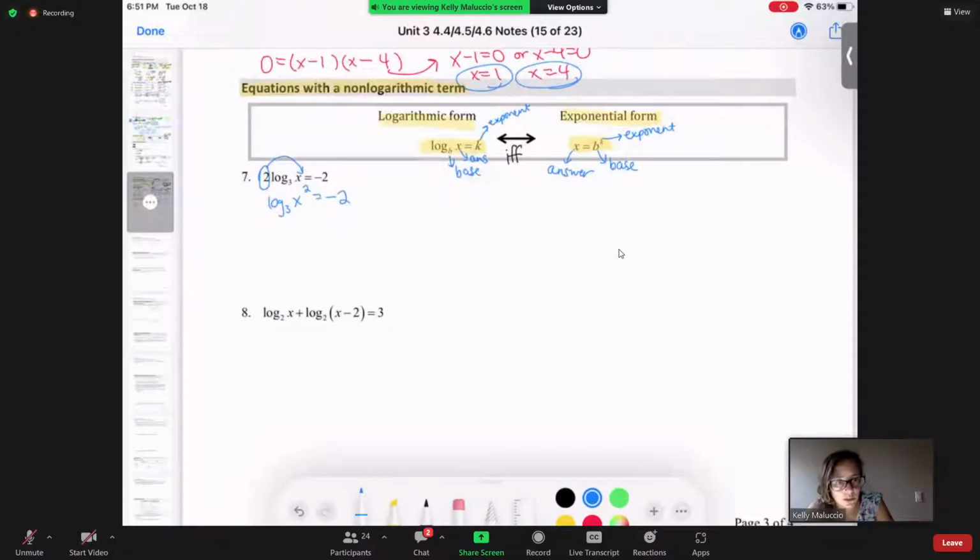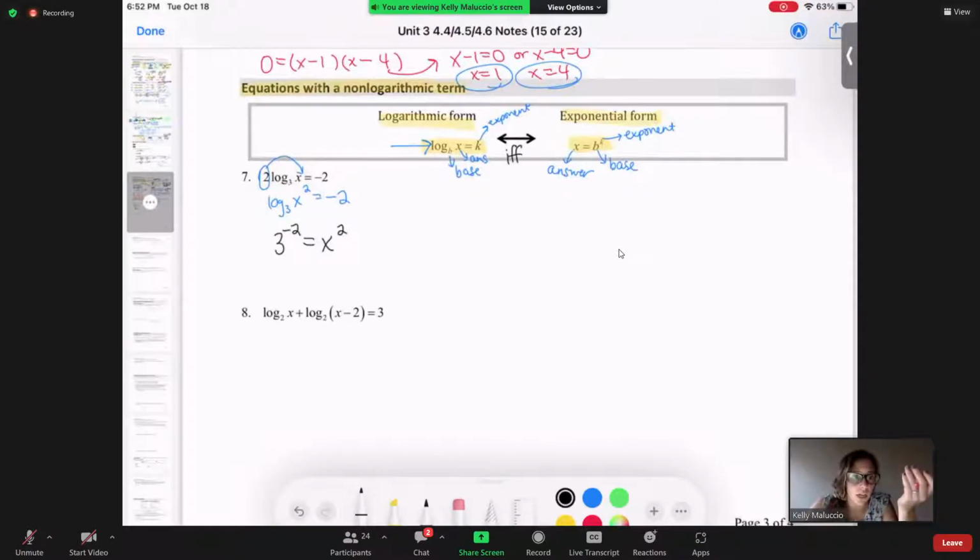Now I'm cooking. Now I can rewrite, because I can only write it in exponential form if it's in the single log form. Otherwise maybe it works, but it's not going to make sense if you get rid of the log. So now I can write it in exponential form and say 3 to the -2 is going to equal x squared.